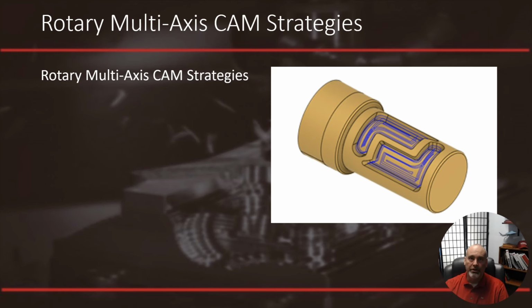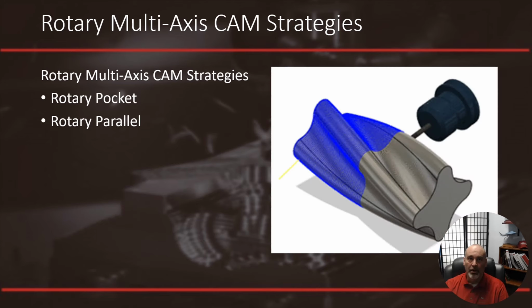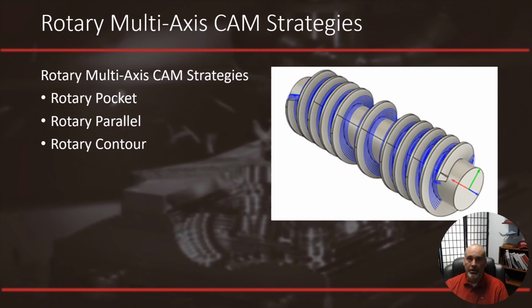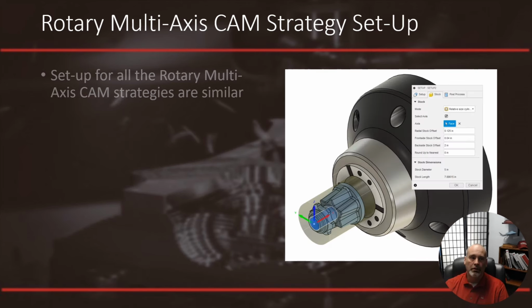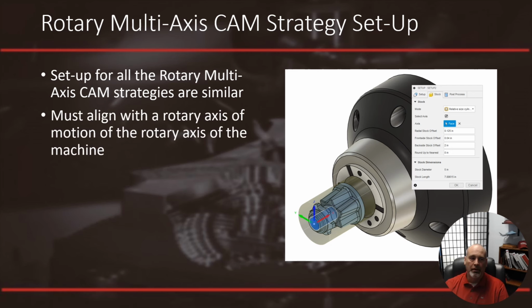There are 3 rotary multi-axis CAM strategies, the first being rotary pocket, the second rotary parallel, and the third rotary contour. They're all found under the multi-axis tab in Fusion. Setup for all the rotary multi-axis CAM strategies is very similar, if not almost the same.